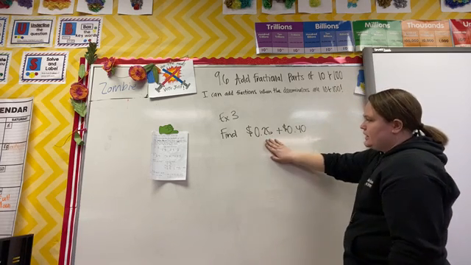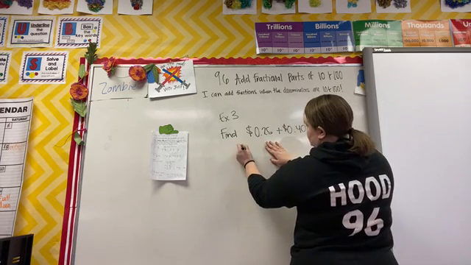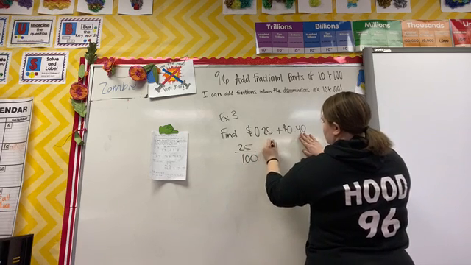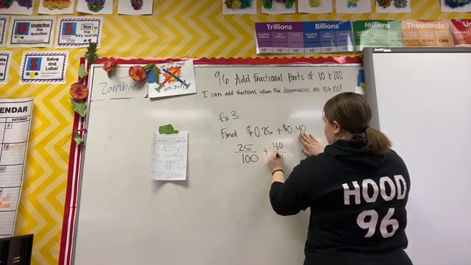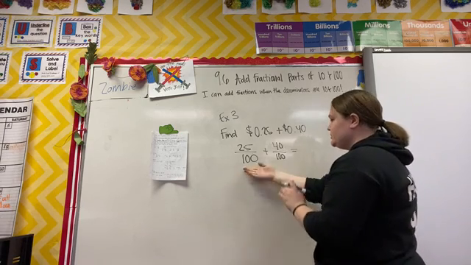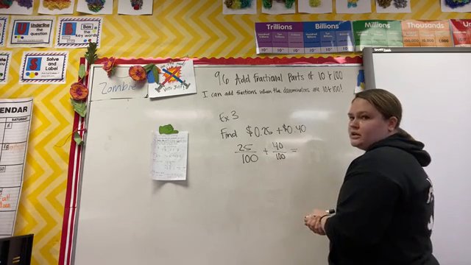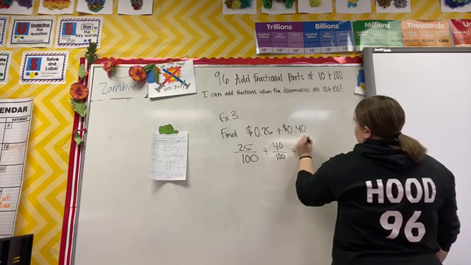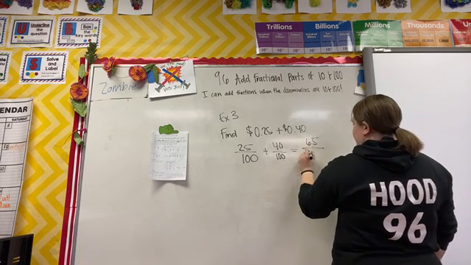So I have 25 hundredths and 40 hundredths. I don't have any changing to do because they're both in the hundredths. So 25 plus 40 is 65 hundredths.